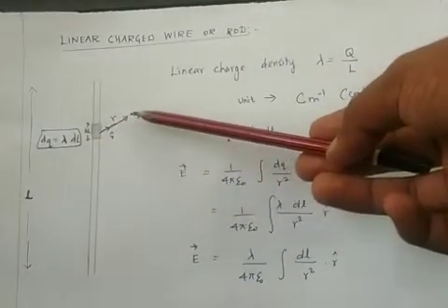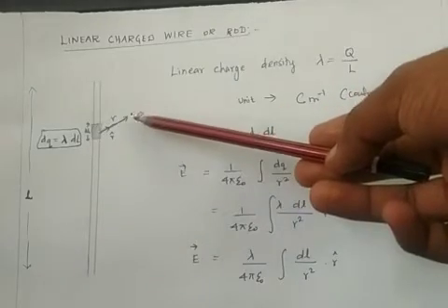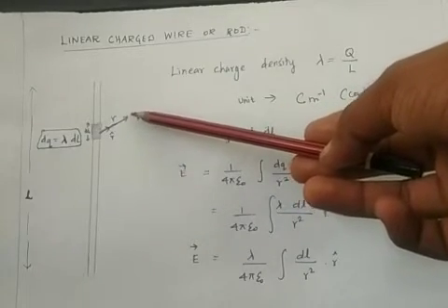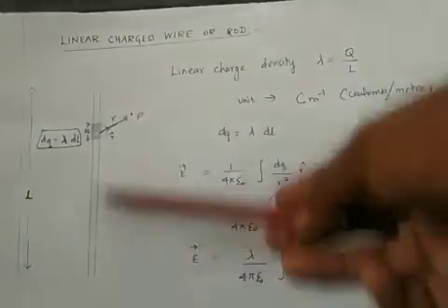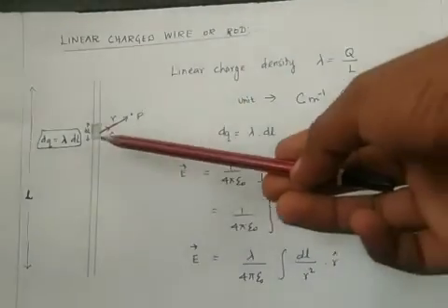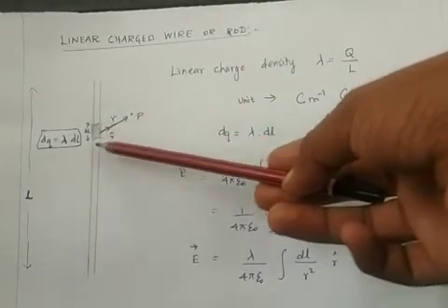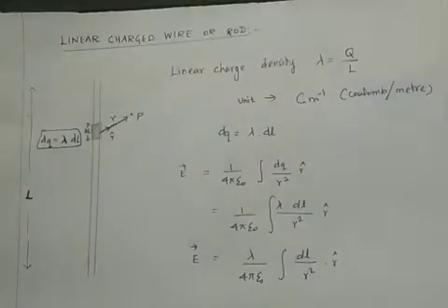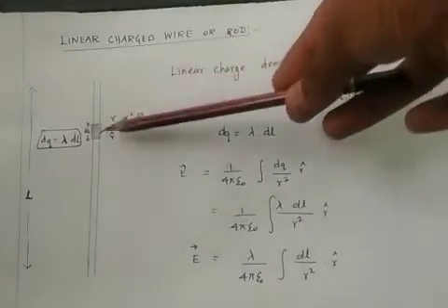Let us consider the point P away from the rod. From this point P, what is the electric field due to this charged wire? The distance between the point P and the wire is taken as R. Here the unit vector is taken as R cap.